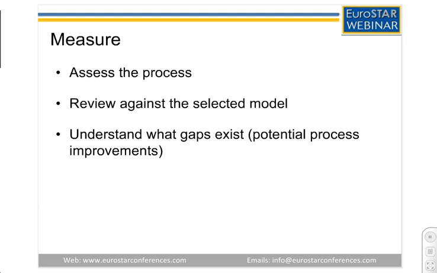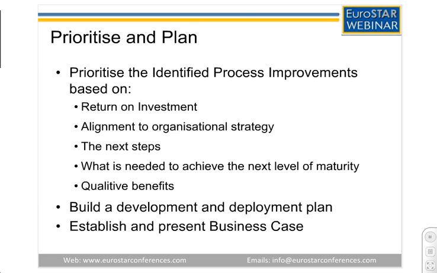The next stage, having identified all your process improvements, is about getting the business case together. So the business case is part of the prioritise and plan process. So what we need to do here is to look at those identified potential process improvements, and identify what the priority or order in which we're going to do them in. Now you'll see the fourth sub-bullet down there is what is needed to achieve the next maturity level.